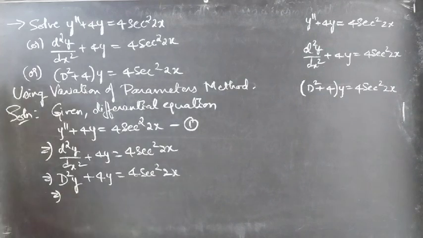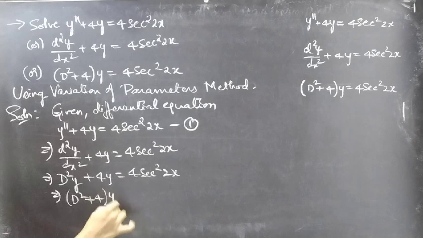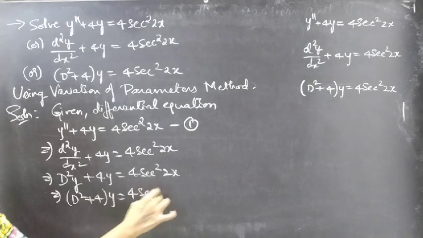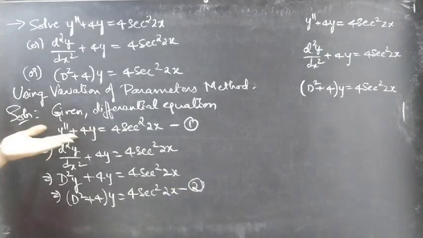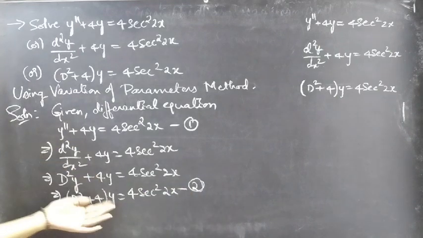Now take y common from the two terms of LHS, we'll get (D² + 4)y equal to 4 sec²2x, considered as equation number 2, which is in operator form. So equation 1 in operator form is our equation 2.